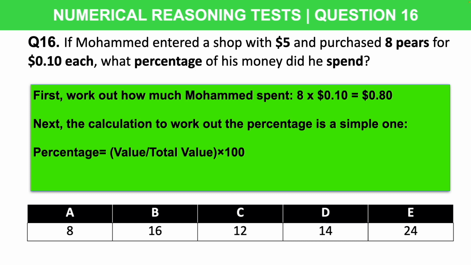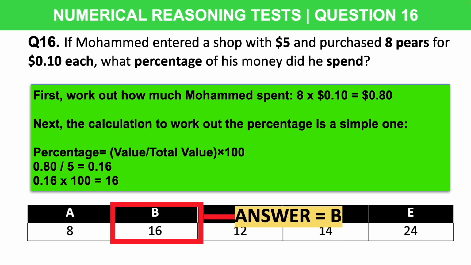So in this case, we divide that 80 cents, that 0.80, by 5 because he used a $5 bill, and this gives us 0.16. We then times 0.16 by 100 to make it a percentage, and that gives us a total of 16. So it's 16%. Mohammed spent 16% of his money, which is answer number B.